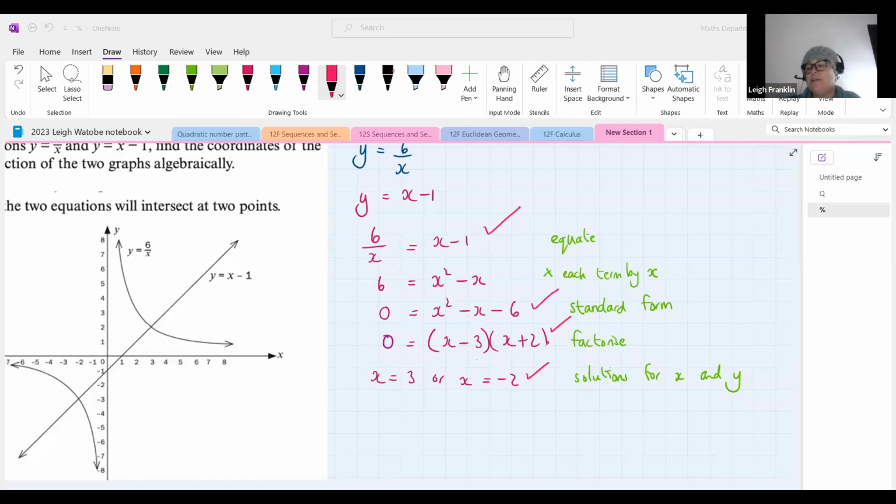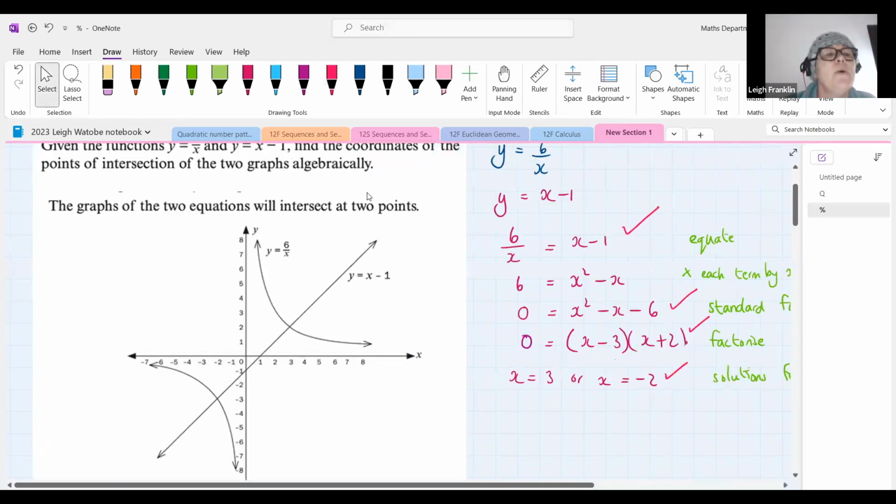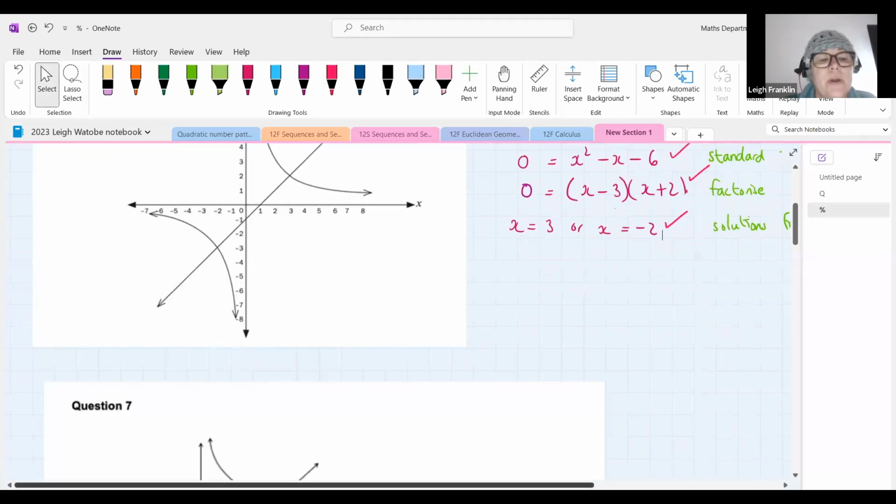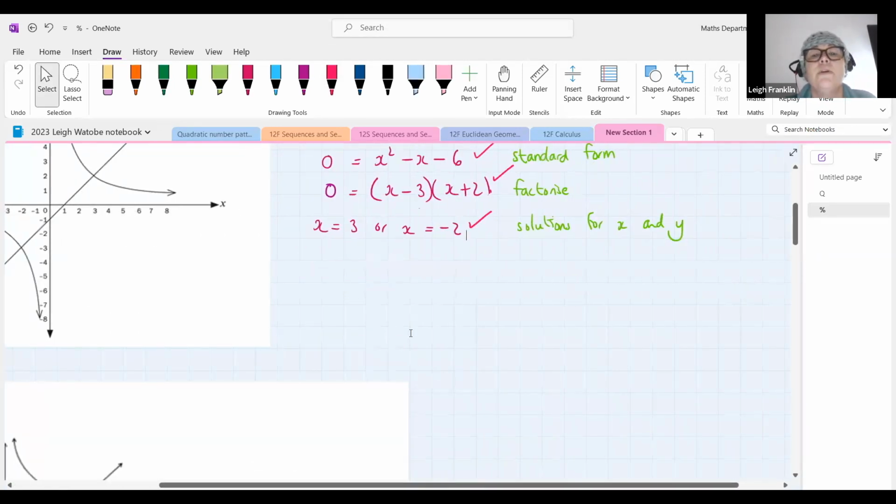If they say calculate the coordinates at the point of intersection of f and g, then give your answers as coordinates. If they ask for coordinates, give them coordinates. It just depends on how specific they are. In this case, it says find the coordinates of the points of intersection, so let's write them as coordinates.